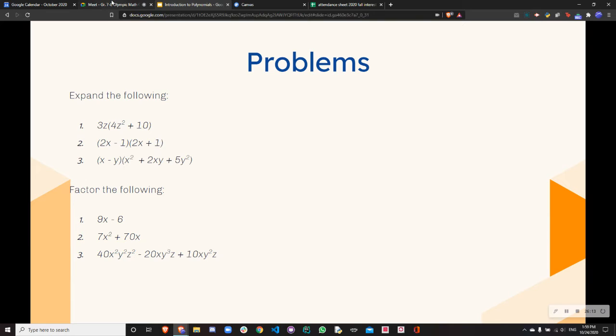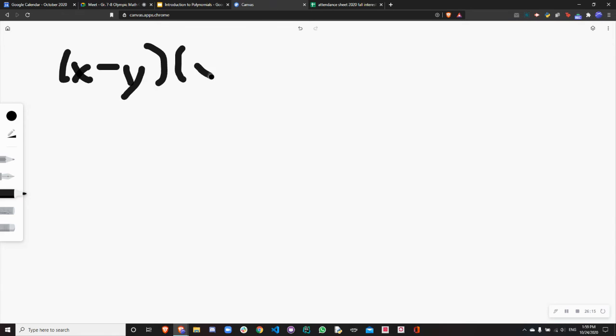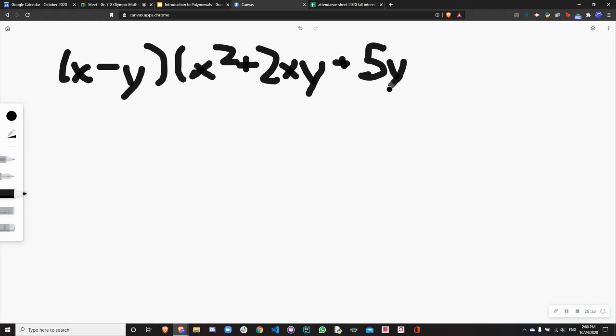So x minus y, times x squared plus 2xy plus 5y squared. All right. So this is similar to question 2, where we have to multiply all the terms inside.